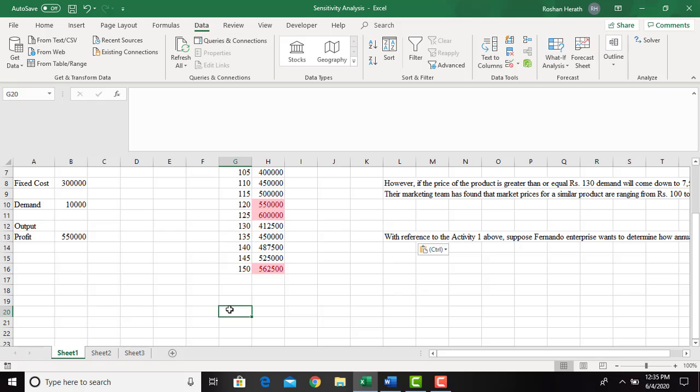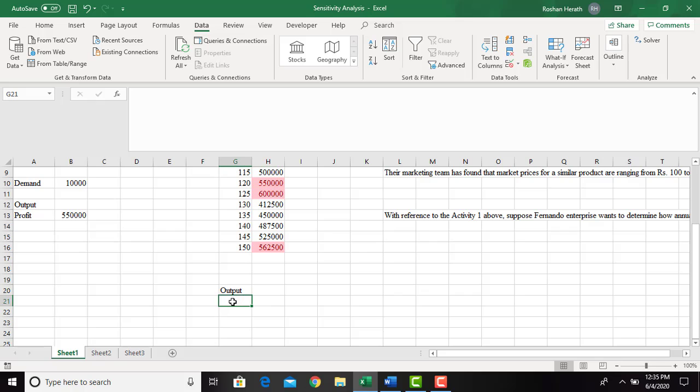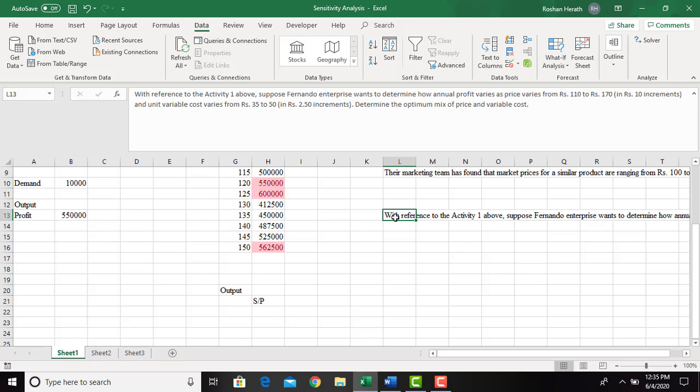Now let me take the output, because the basic model we have already developed. When it comes to this, what is one input? One input is going to be the selling price. Selling price, they asked to take it from 110 to 170.